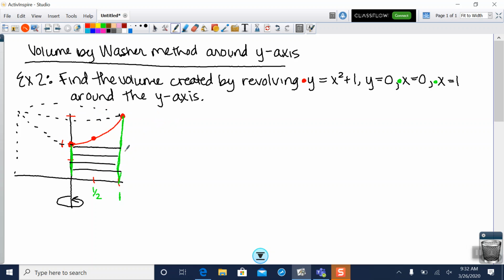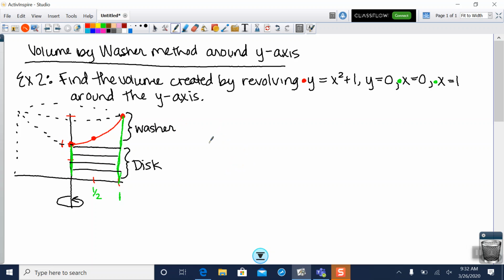So this bottom part from here to here is a disk. But the top part up here, we can clearly see that when we rotate this, we've got a hole in the middle. So this top half is a washer method. So we're going to have to use two methods to get this answer.